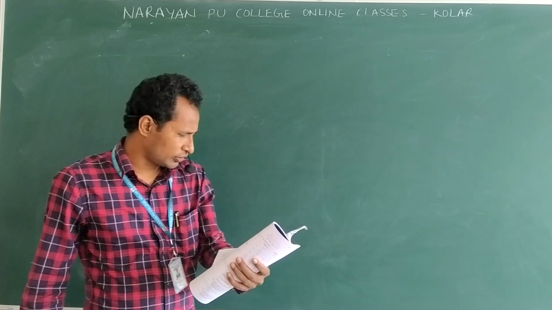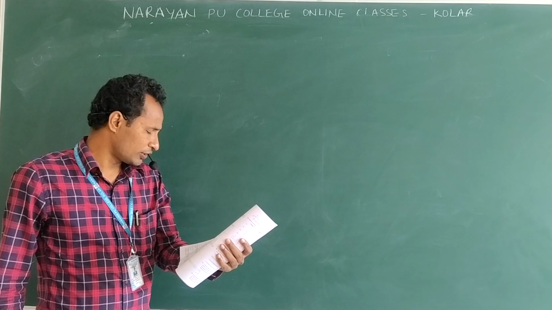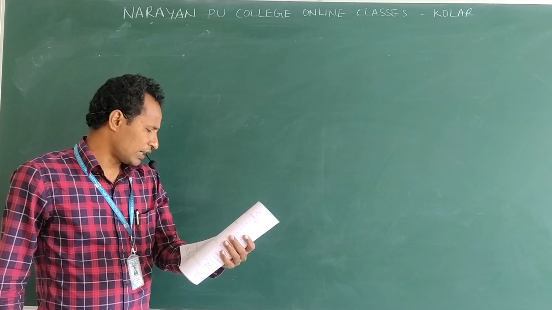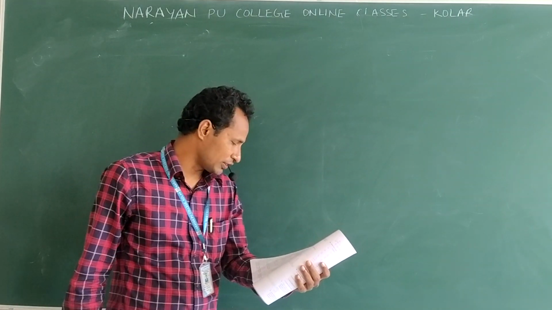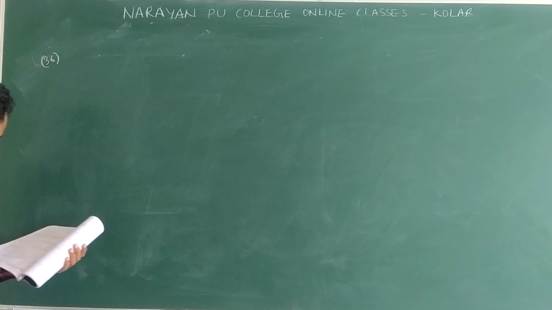Now come to 36. Electric charges Q and minus 2Q are placed at the corners of a triangle as shown. The magnitude of electric dipole moment of the system is.